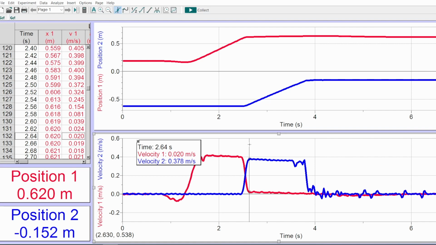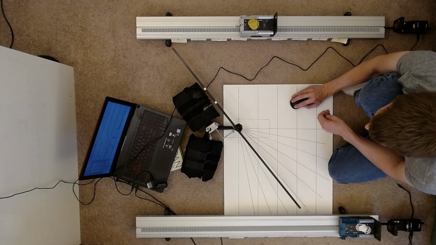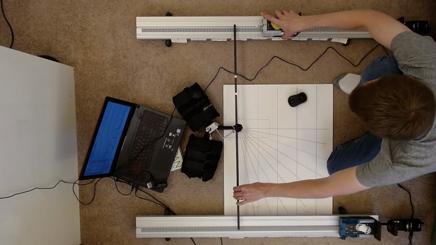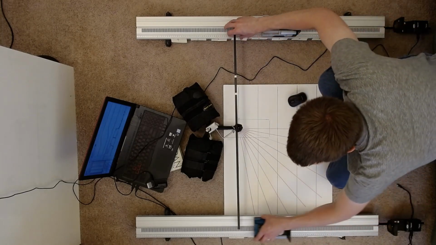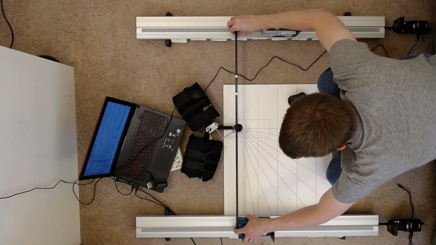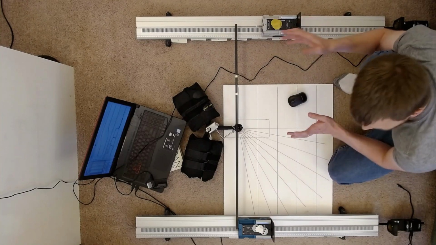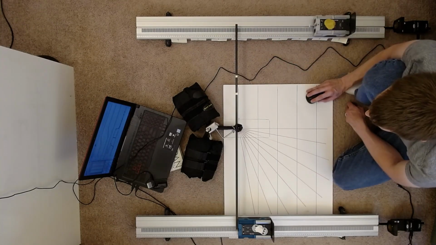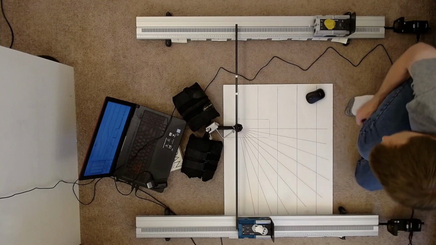And just after the collision, cart 1 was going at 0.02 meters per second, and cart 2 is going at 0.378 meters per second. So that's our first trial for the elastic case, equal mass. Let's reset and give it another try. Once we do a couple of trials for each of the cases, we'll go through some of the data analysis. We'll try this again for our next trial.